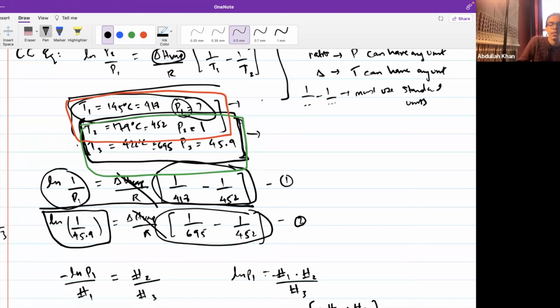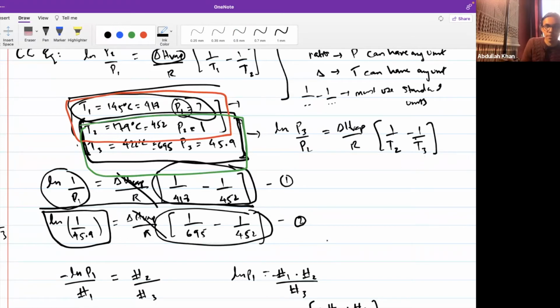We rewrite the Clausius-Clapeyron equation in terms of 2 and 3. That'll be ln, I'm going to replace 2 with 3 and 1 with 2. So it will tell you where to put numbers now. 1 becomes 2, 2 becomes 3. And now input in your values. That gives you your second equation. Divide and smooth sailing from there.